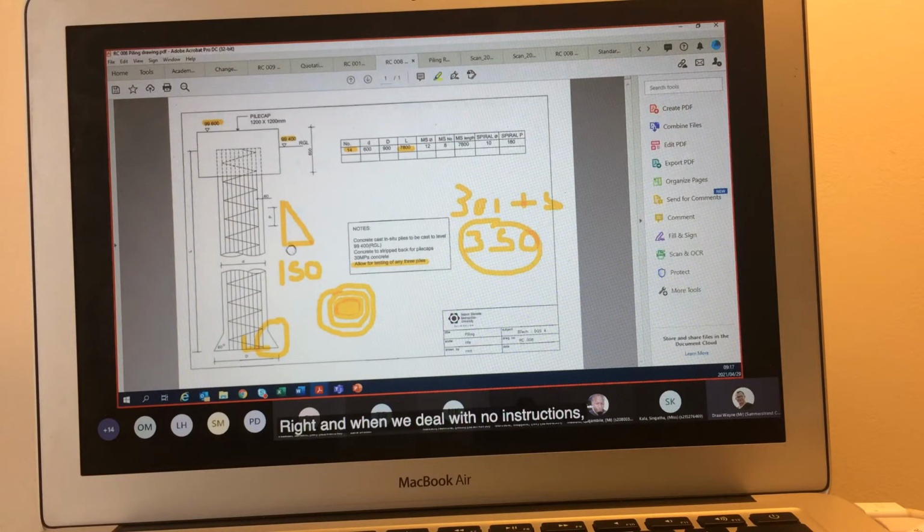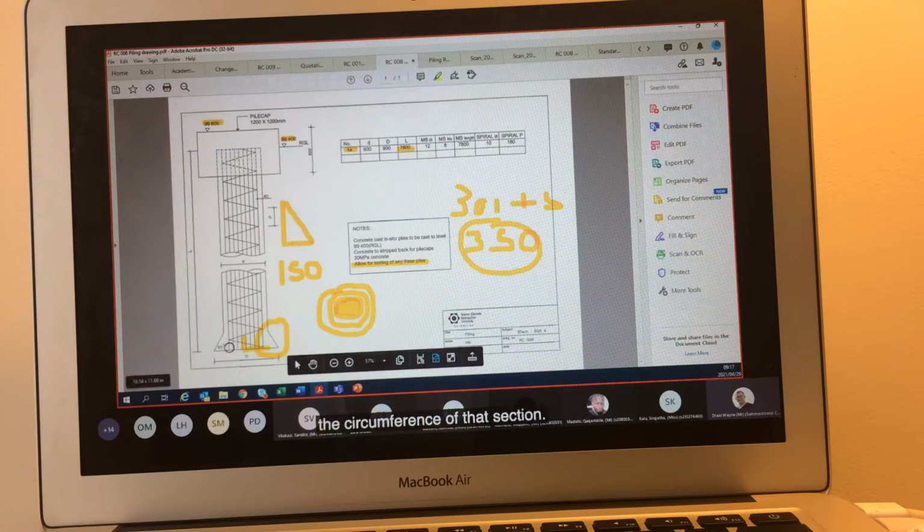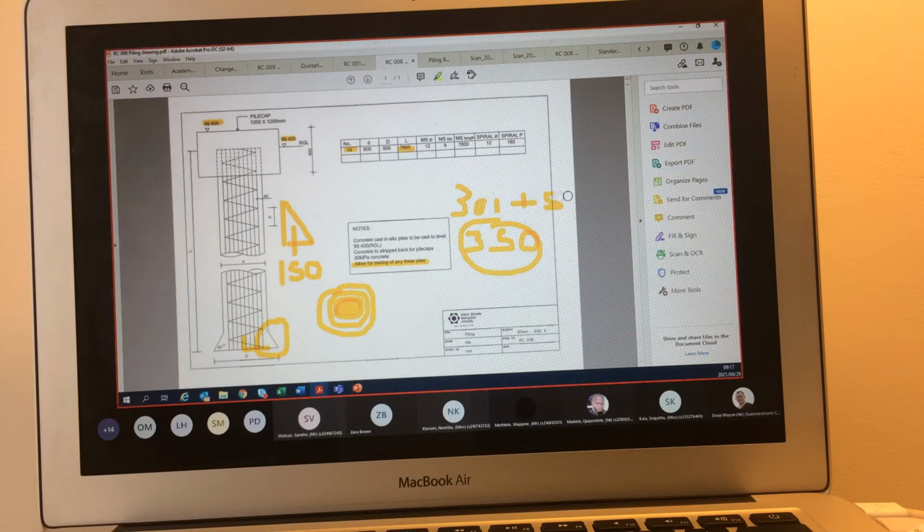And when we deal with known structures, if we need to determine the circumference of that section, because this goes all the way around, I will have to work to a third of the base. And a third of 150 is 50.